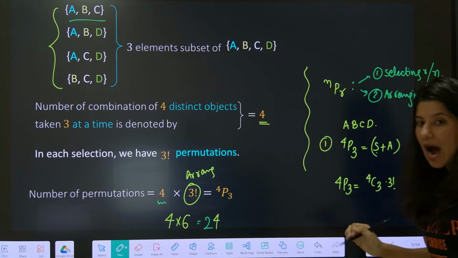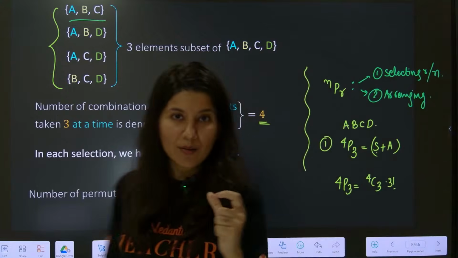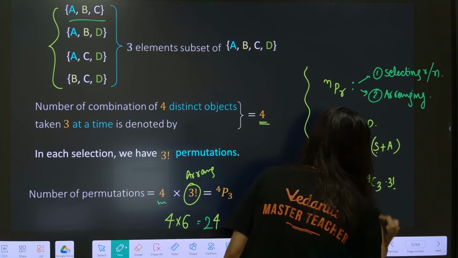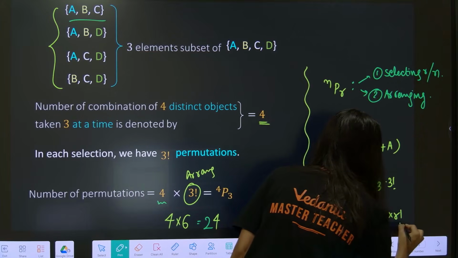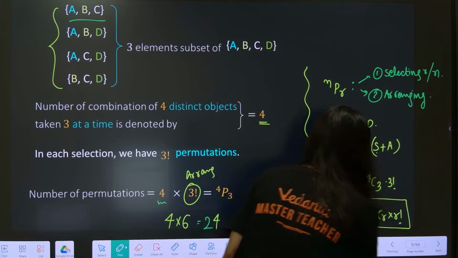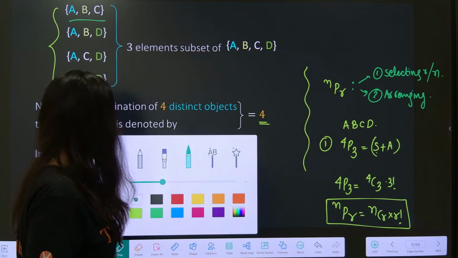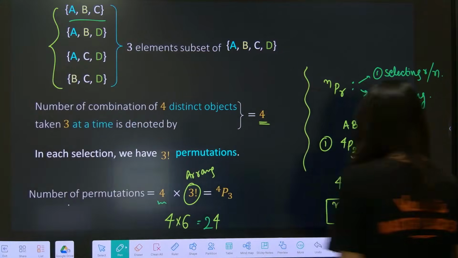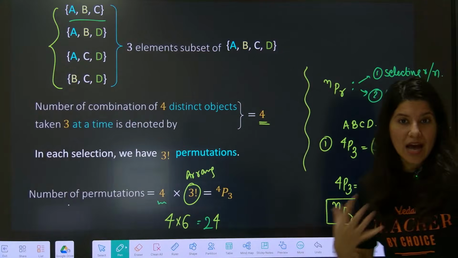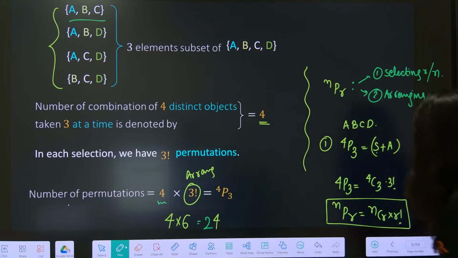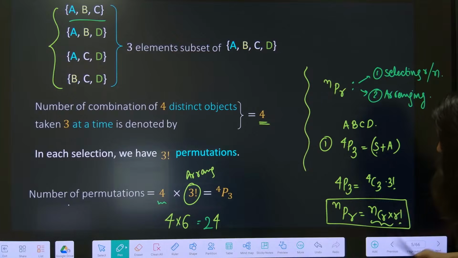So now I will write a formula. NPR is nothing but NCR into R factorial. And you will find me using NCR into R factorial quite often. Rather than directly doing NPR, I prefer doing NCR into R factorial because it is very much visible what exactly you are doing.